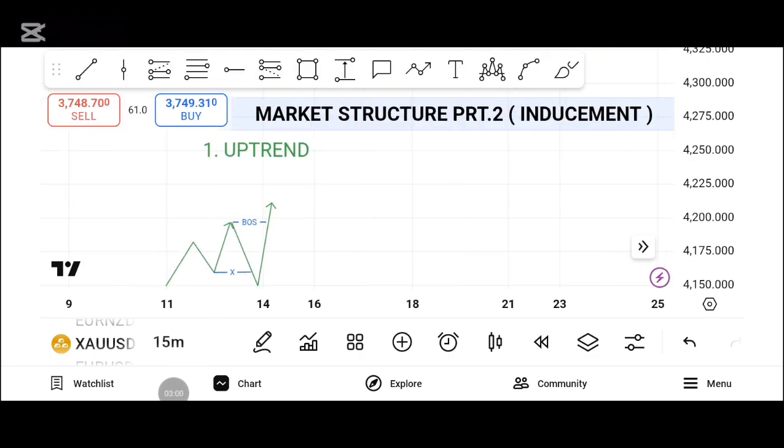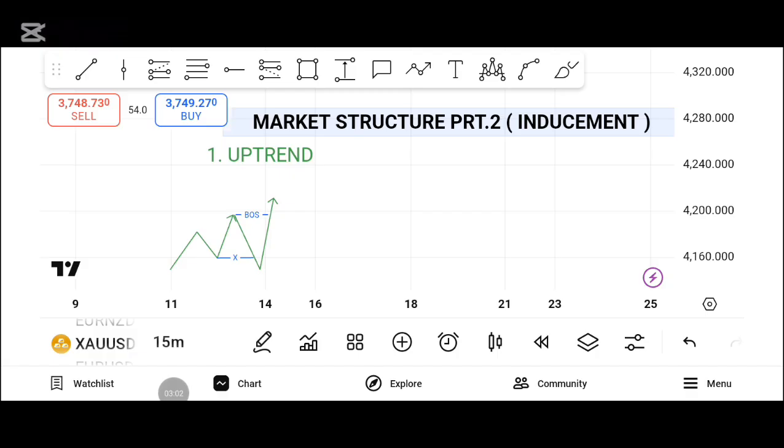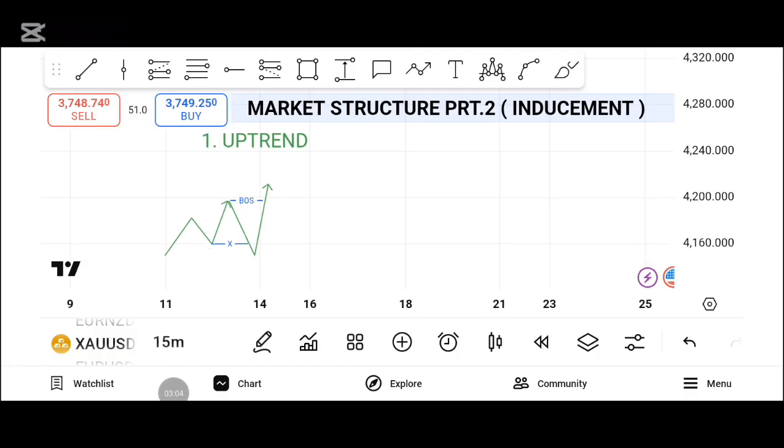So this is what we are expecting to see in an uptrend. Your inducement is your recent high.